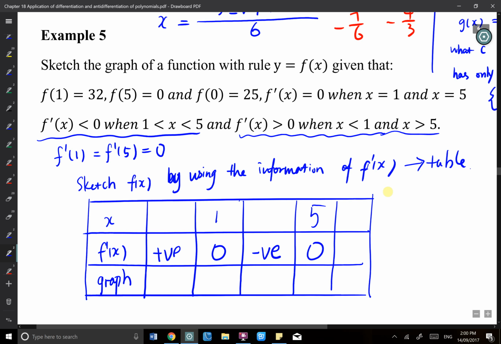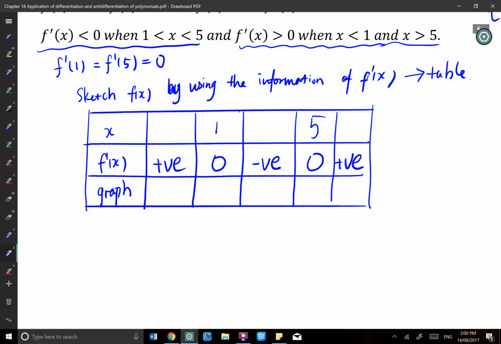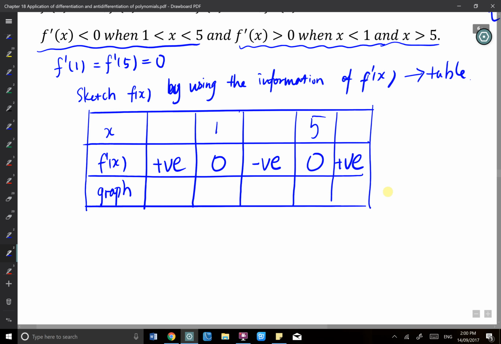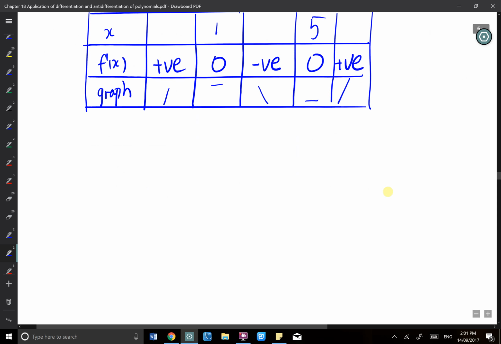So I have positive for those two boxes. That's what I know. So overall, I have positive, 0, negative, 0, and positive. I have a graph like that, according to what they give to us. So I can have a shape like that.